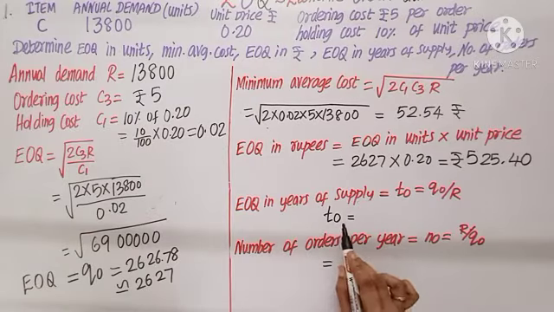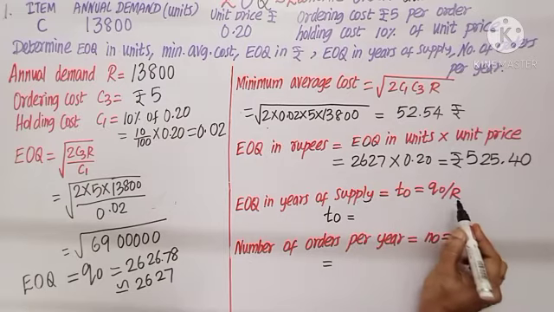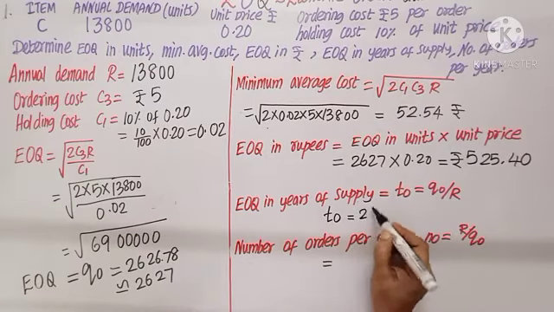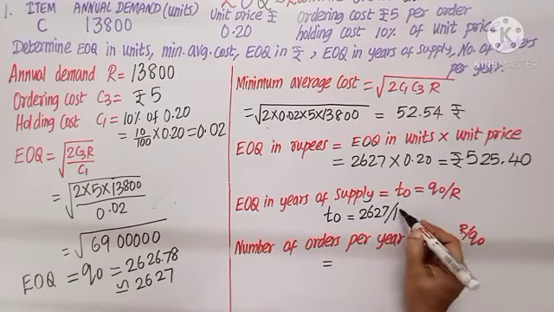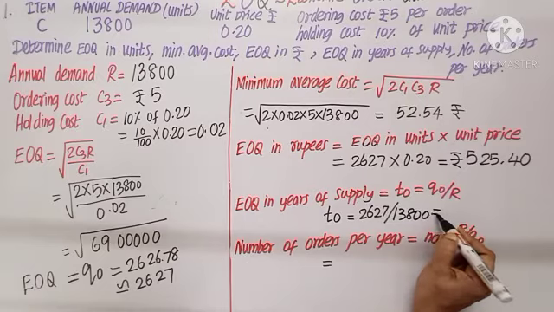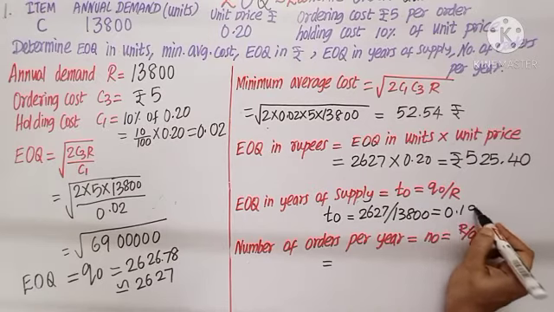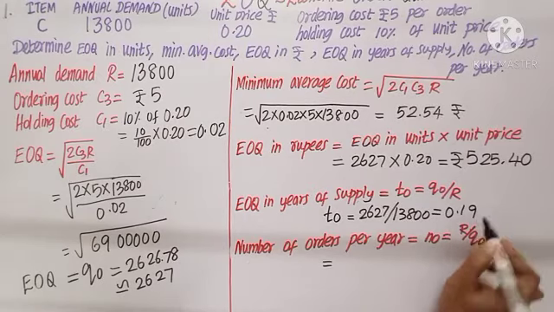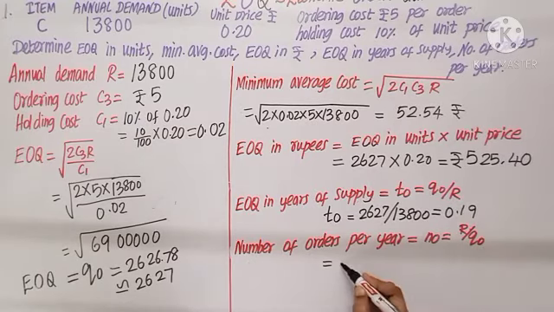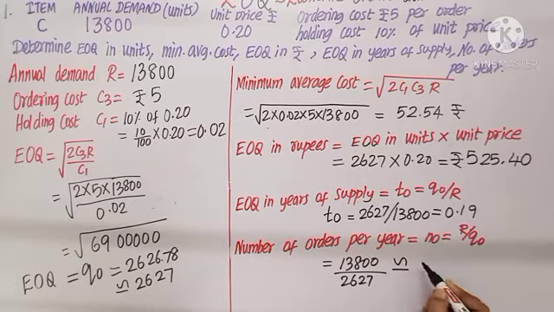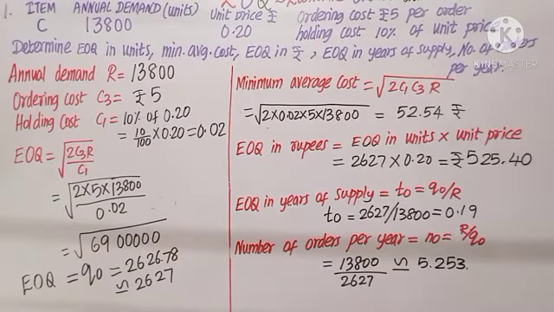EOQ in years of supply, Q0 by R. Q0 is 2627 by R, the requirements 13,800. My answer is 0.19. Number of orders per year N0, that is R by Q0. R is 13,800 by Q0 is 2627, approximately equal to 5.253, and hence the problem.